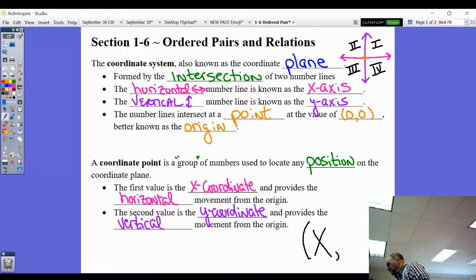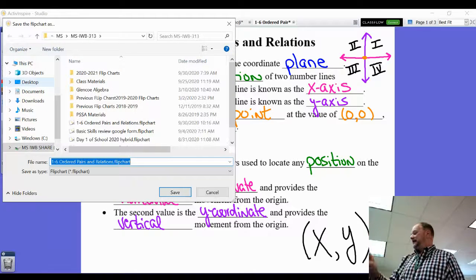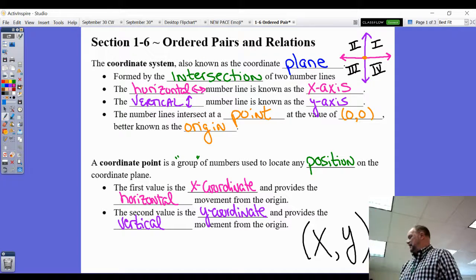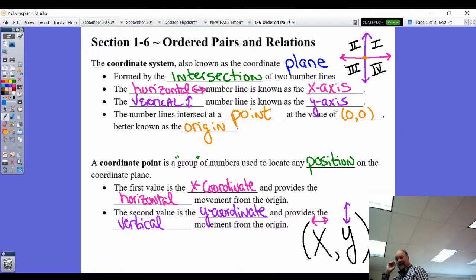It's one number, comma, followed by a second number. That first number is your x-coordinate, and it says I move left or I move right from the origin. The second number, which is my y-coordinate, tells me to move up or down, again, with respect to the origin, and that's how you find your actual point.